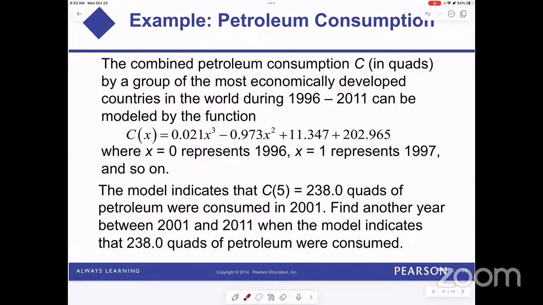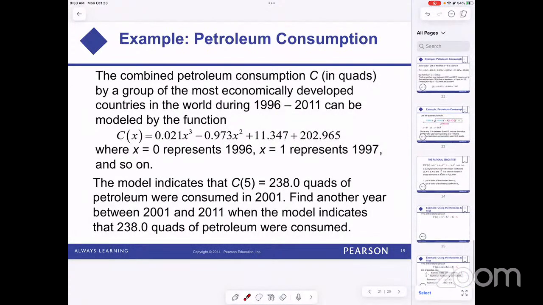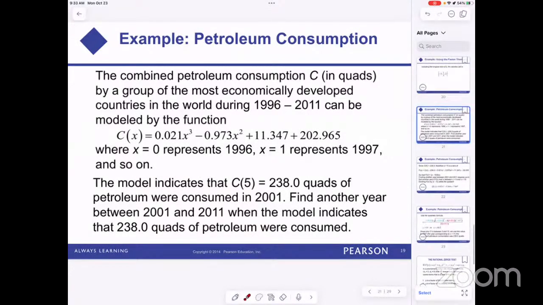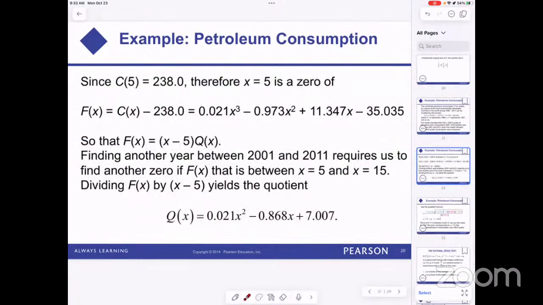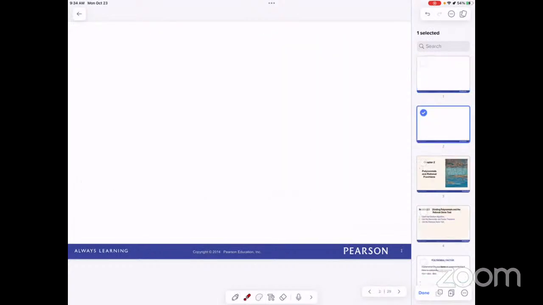Okay, I need some space. Select, duplicate, cut.